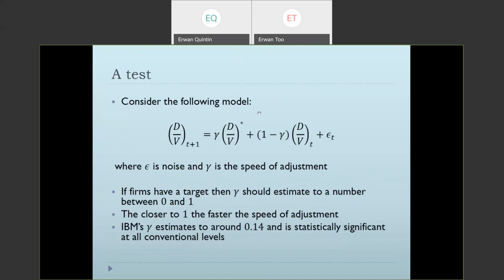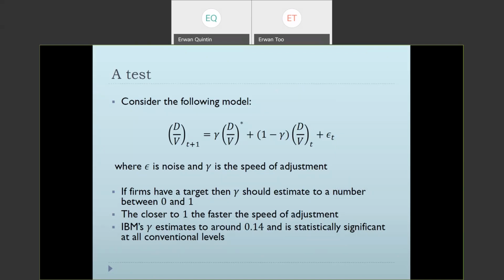Well, what it should mean, in the simplest possible way, is that if in a particular quarter, in a particular time period, I am away from my desired target, then I should have a tendency to return to that target. Of course, I expect leverage to have momentum. If I have a particular leverage ratio right now, it's because I have all those bonds on my books, and I'm not going to be able to change that on a dime.